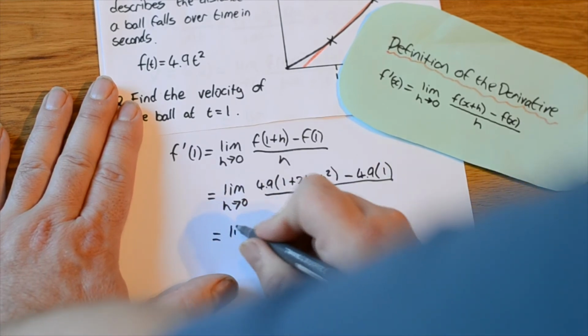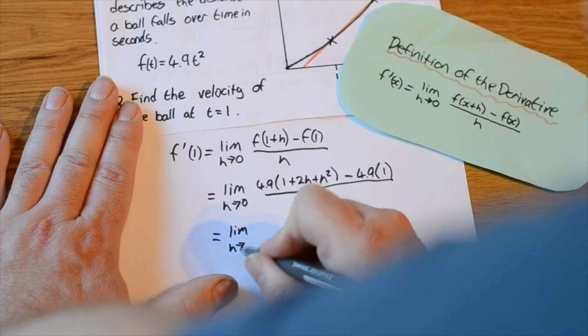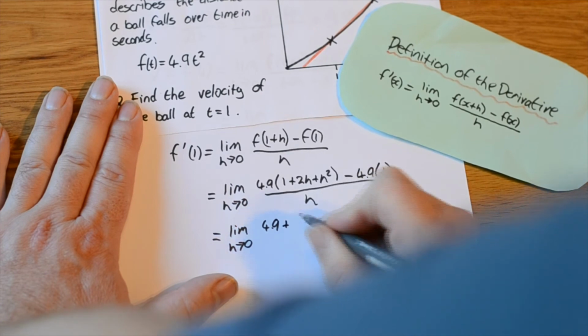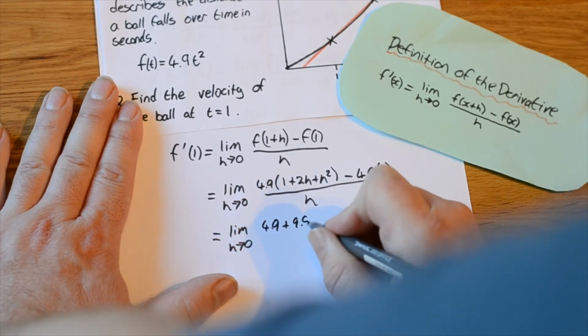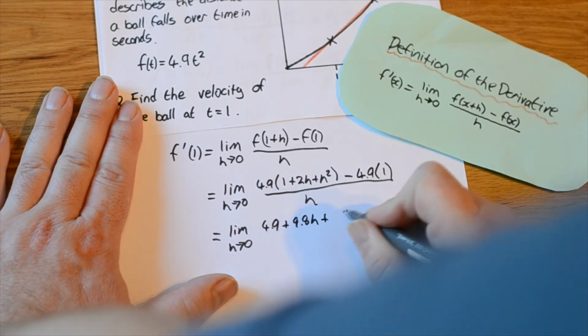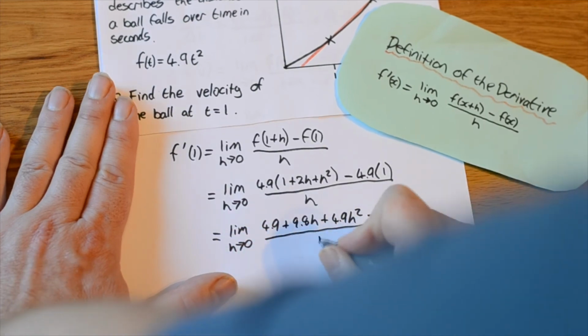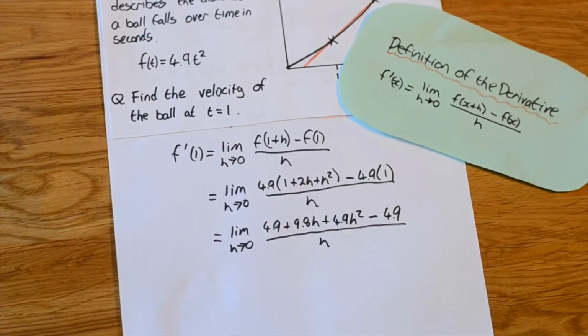If we expand the bracket, we're going to get 4.9 plus 9.8 h plus 4.9 h squared minus 4.9 all over h.